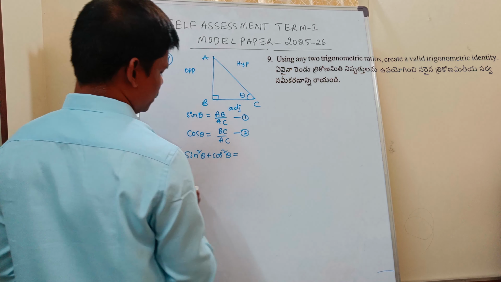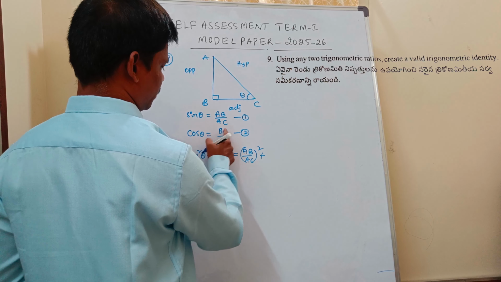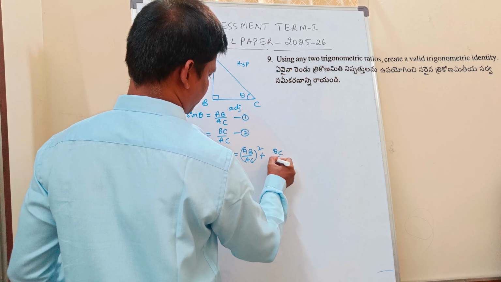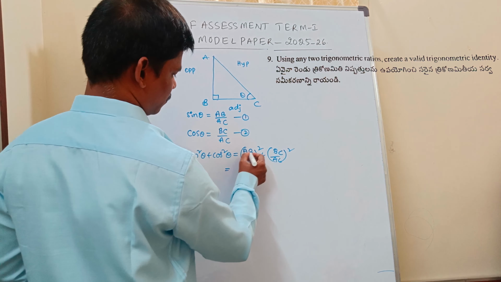Sine square theta means AB by AC whole square, plus cos square theta means BC by AC whole square. Simplify: AB square by AC square plus BC square by AC square. The LCM is AC square. So AB square plus BC square.